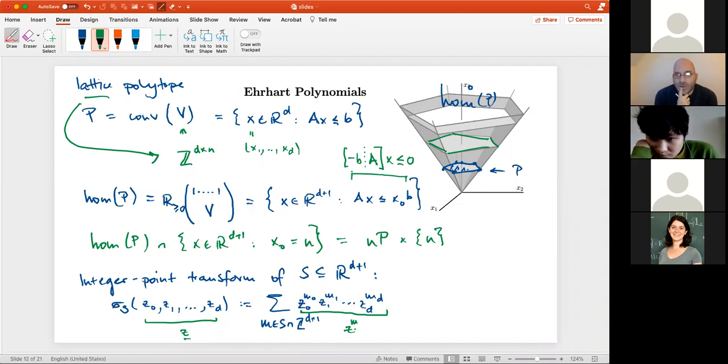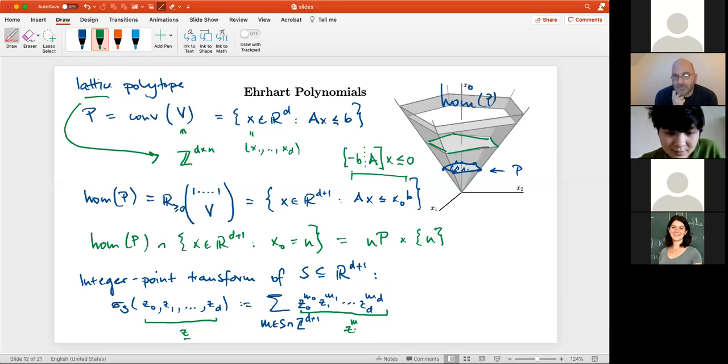Yeah. So right now, think of this as a formal power series or formal Laurent series, right? Some of your exponents might be negative. So it's a formal Laurent series. It's just a formal sum of these monomials with, like you said, coefficient 1.